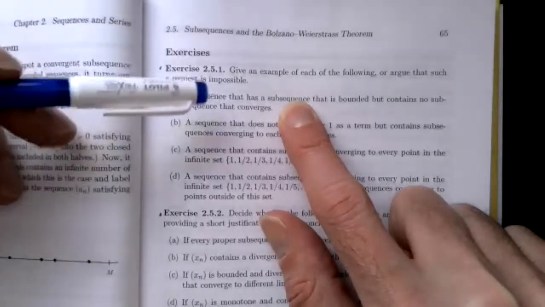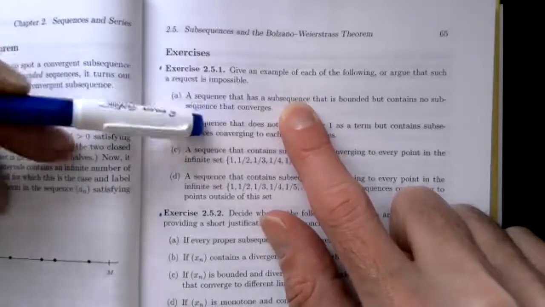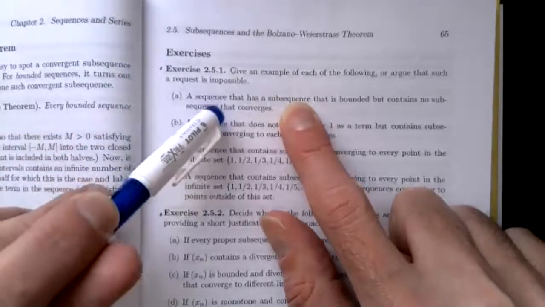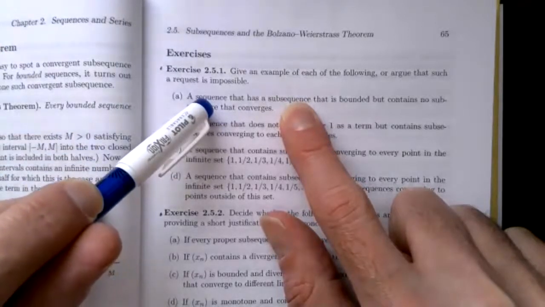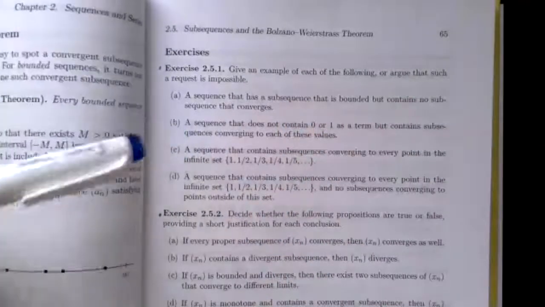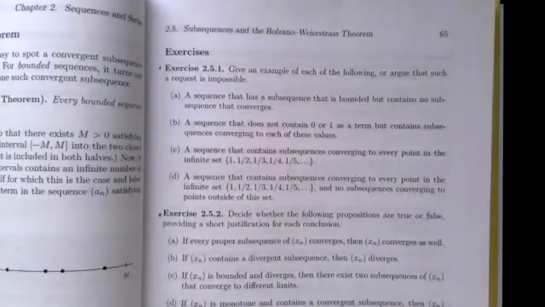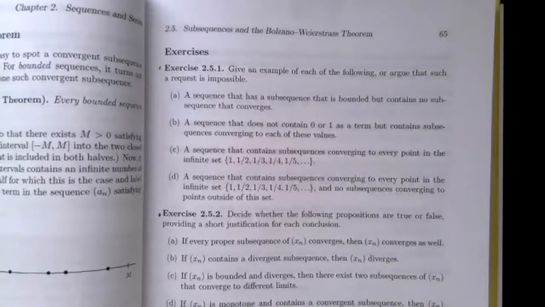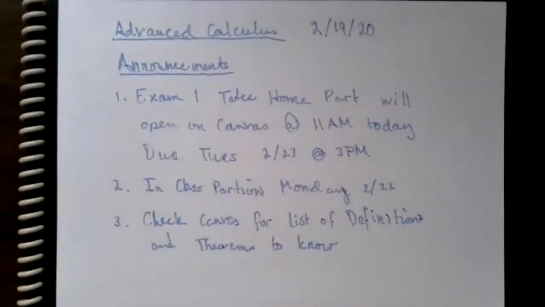But that would be a subsequence of the original sequence. So we would be able to produce a convergent subsequence from the Bolzano-Weierstrass theorem. That list of essential theorems will be things that we can cite to help us prove other things.